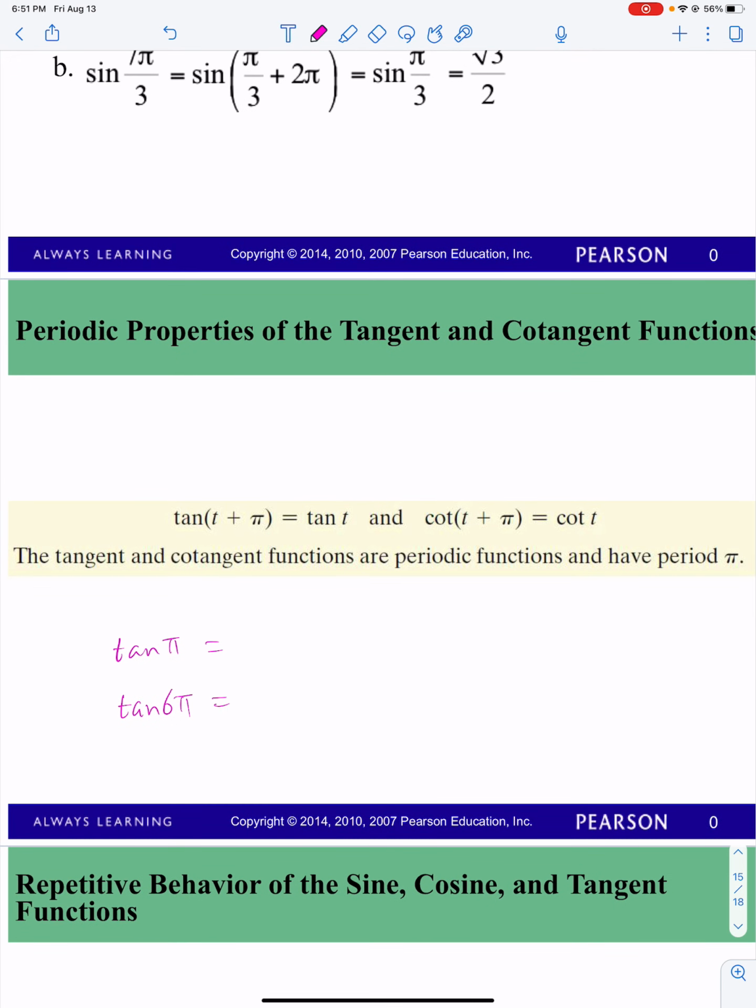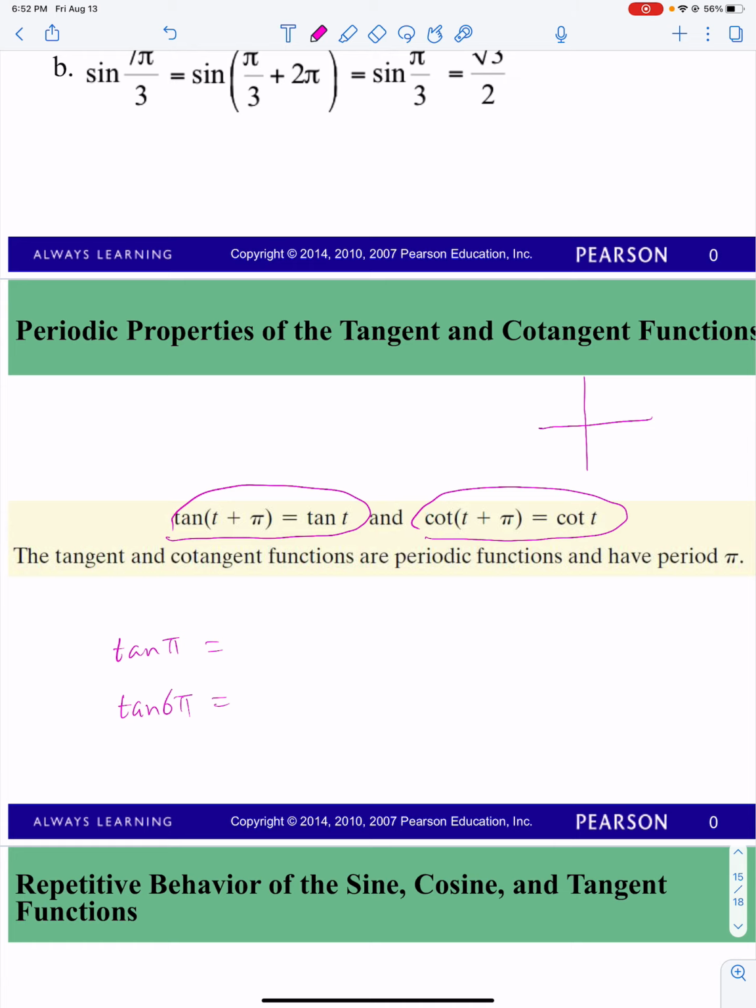So the periodic property for tangent and cotangent: the period is pi. The period is smaller than this. Why?